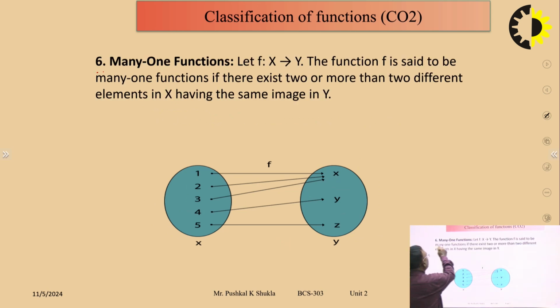Many-one function. Let f: x to y be a function. The function f is said to be many-one if there exist two or more different elements in x.